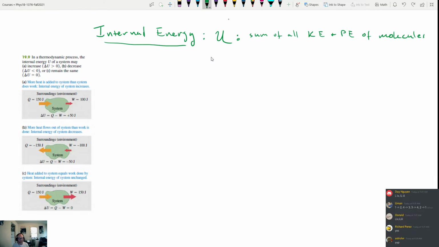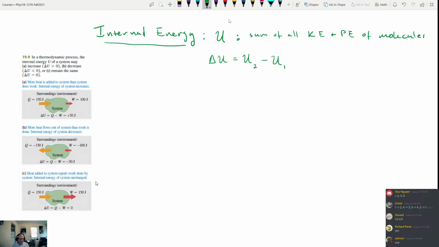Often what we're going to be talking about is change in internal energy, and this is going to be defined as moving from one state to another. I know that in Physics 1A, we use the symbol U to represent potential energy, and I know that's kind of confusing. You just have to get used to it with physics, that there's only so many symbols in the alphabet, and they like to use a lot of them over and over again.